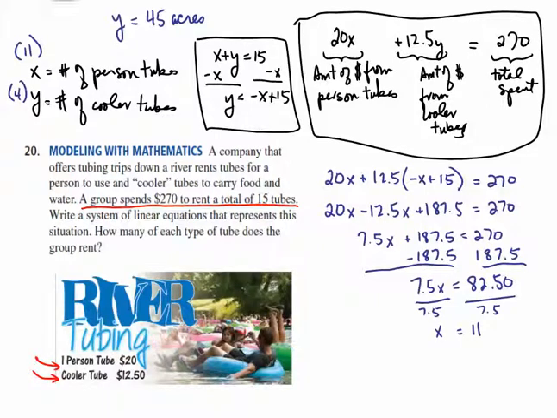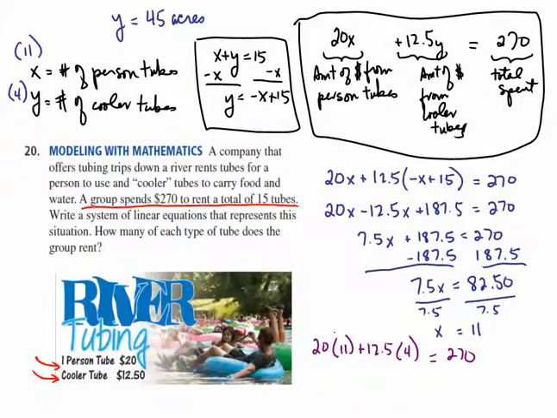And if I wanted to check this, all I would do is go back and multiply 20 times 11 plus 12.50 times 4, and that should give me $270.